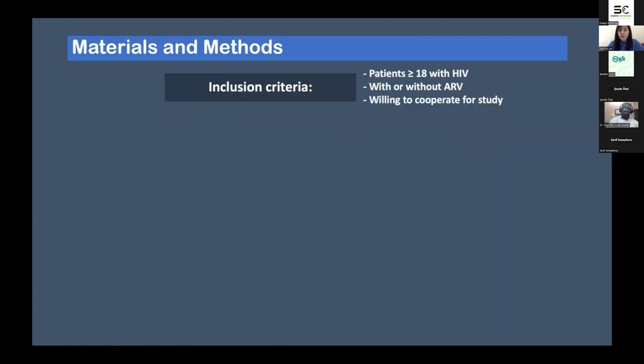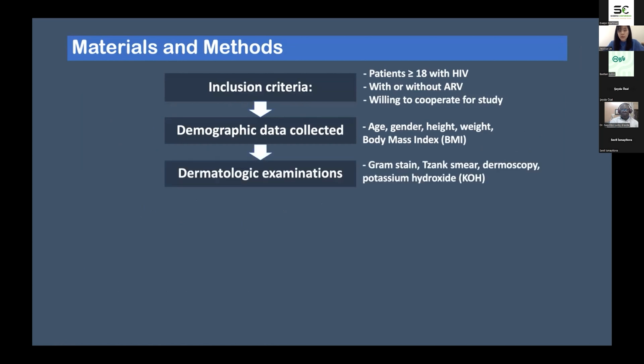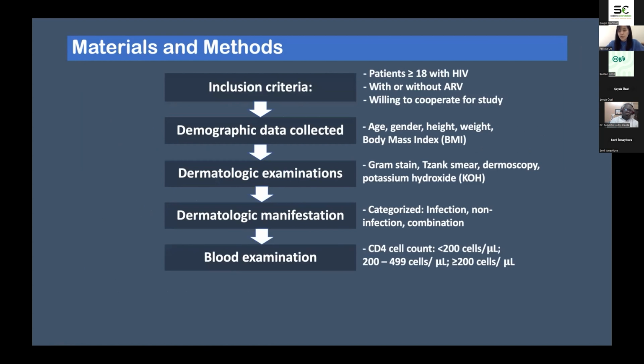Inclusion criteria were patients 18 years old or older with HIV, with or without ARV treatment, willing to cooperate for the study. Demographic data were collected, and dermatologic examinations were done if necessary. Then, dermatologic manifestations were recorded and categorized into infection, non-infection, or combination. Blood examination was done to evaluate CD4 cell count, and the data were analyzed.